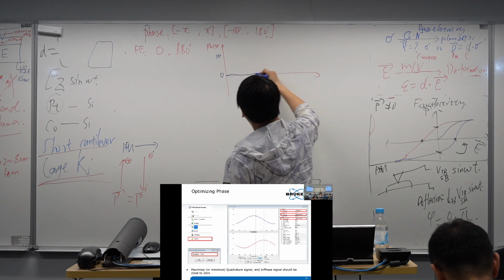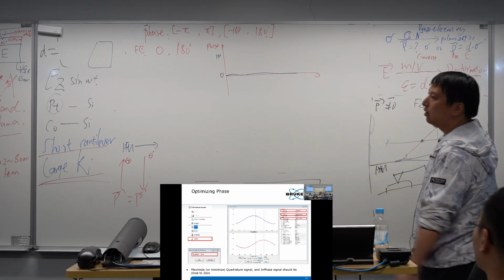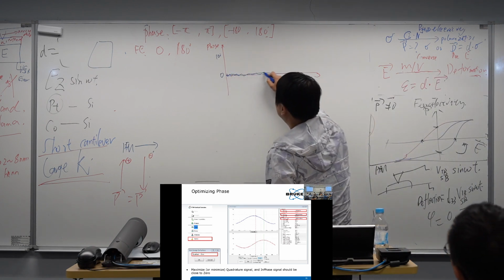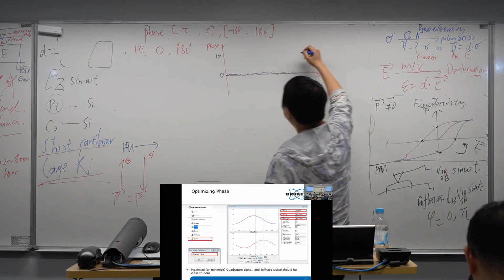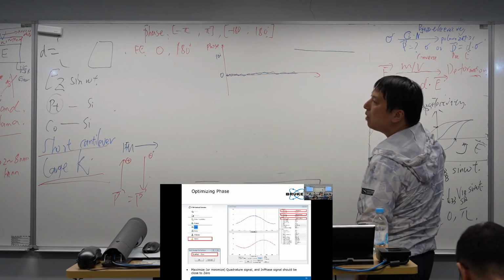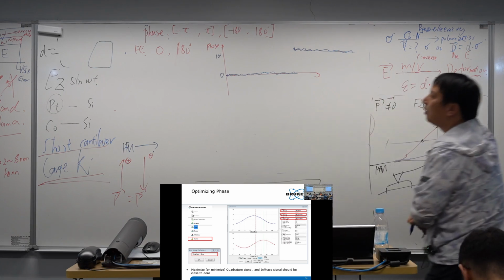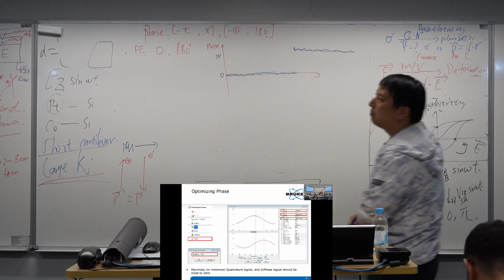So our 0 is like this. Of course, we know all measurements have some noise, so the 0 will be like this. And the 180 is the same, it should be something like this, but this measurement should have some noise. When we're talking about noise, the probe comes back.